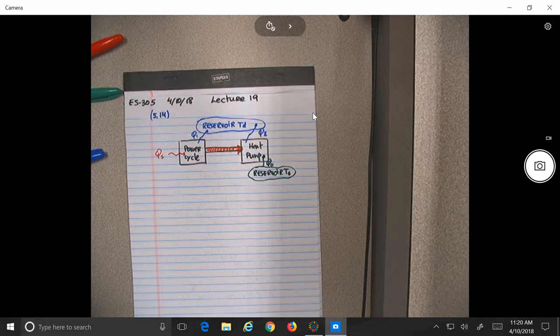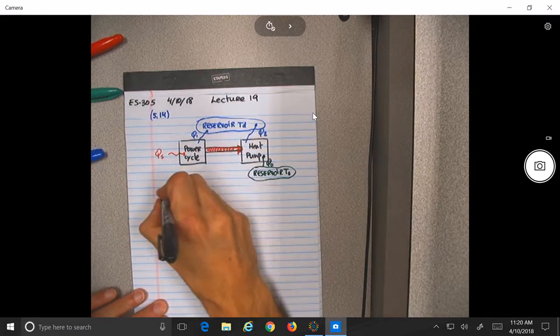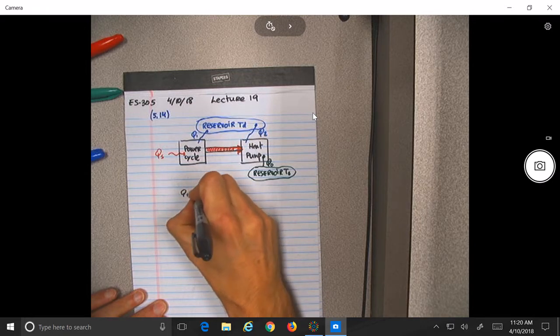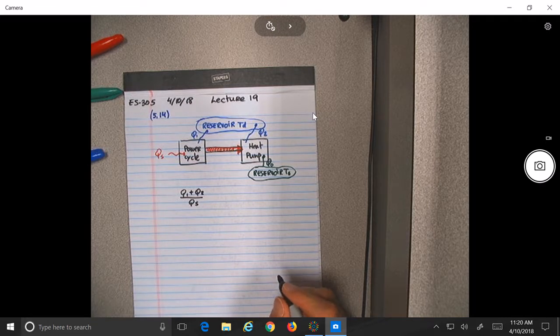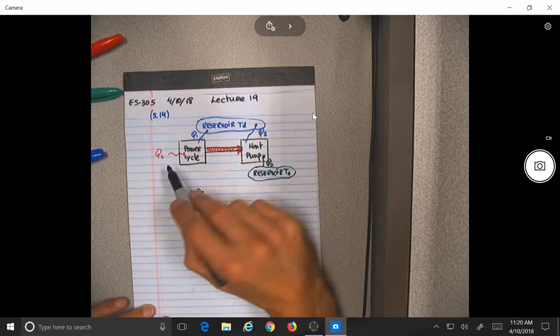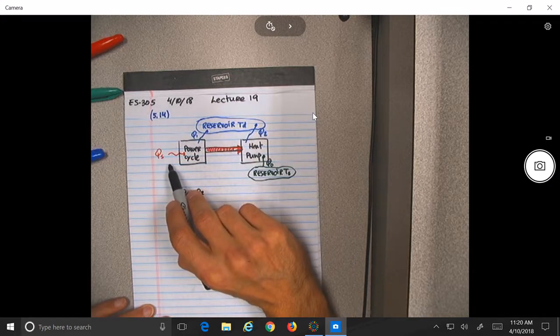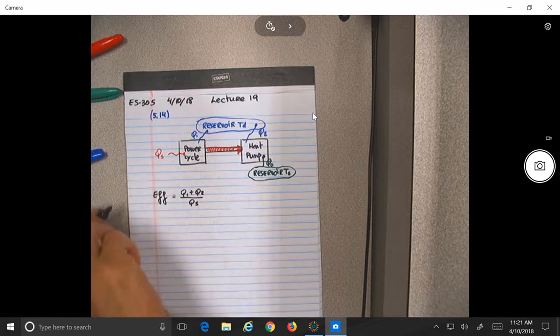So if you think about it, what are they really asking you to calculate? What is Q1 plus Q2 over Qs really, physically? What was the definition for the efficiency? Do you remember? Is whatever we get out, no? So what are we getting out over here? Q1 and Q2 divided by what? By whatever we put in, no? The Qs. So really over here what they're asking you is to find the efficiency of what system?